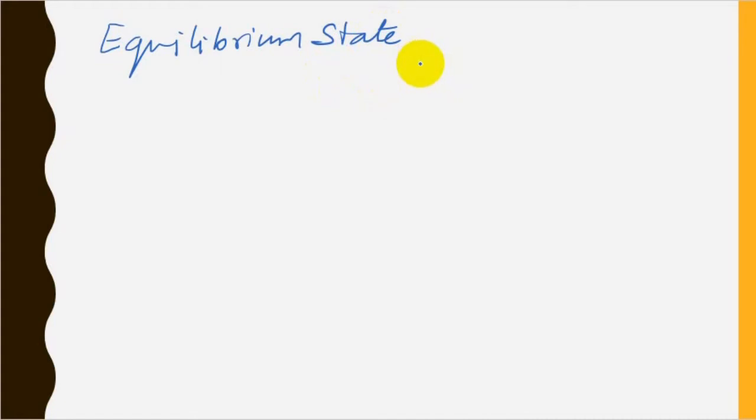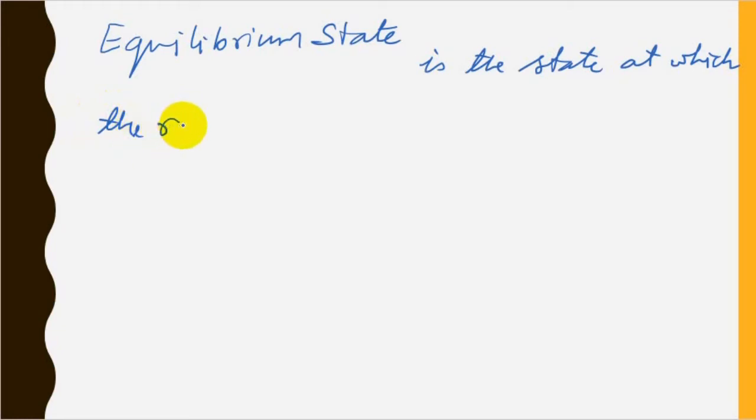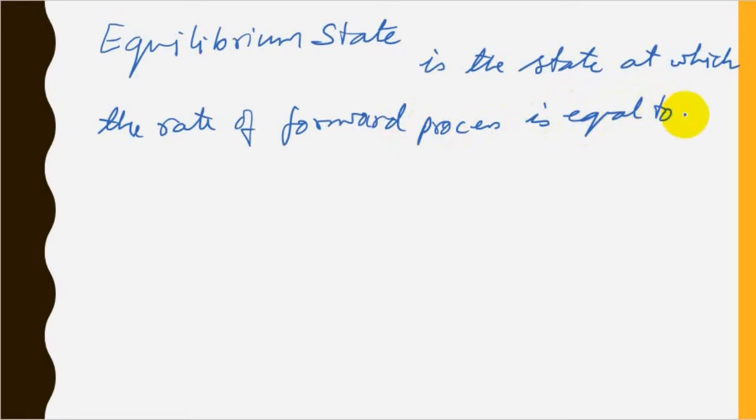Equilibrium state is the state at which the rate of forward process is equal to the rate of backward process.